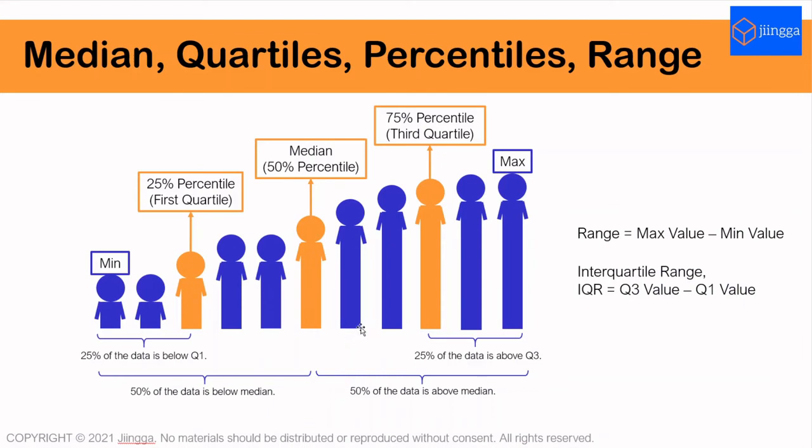If we split the group of people into 4 portions, like shown in this illustration as well, the height of the orange color people are the cutoff line of quartiles. The first quartile is the threshold for the first 25% people, while the third quartile is the threshold for the first 75% people, or we can look from the other direction, which is the threshold of the tallest 25%.